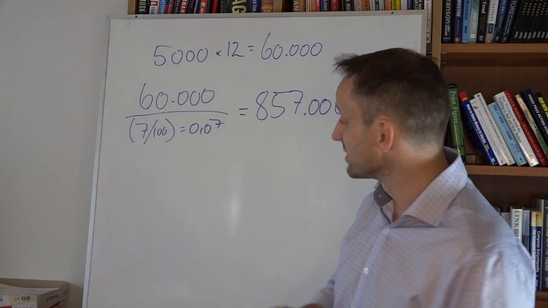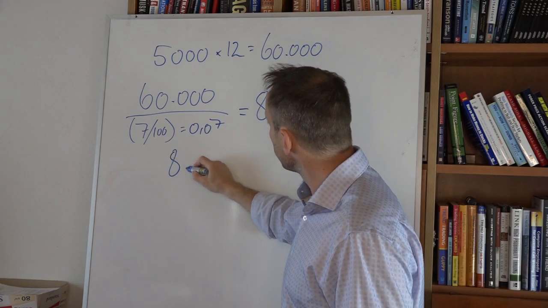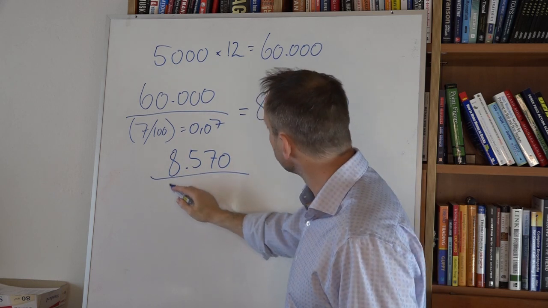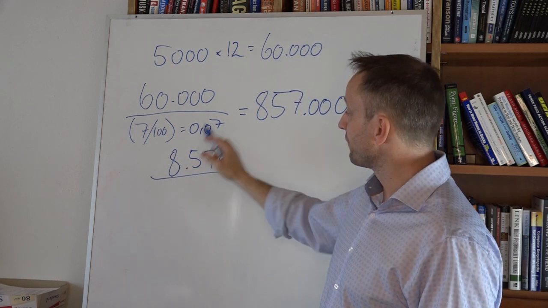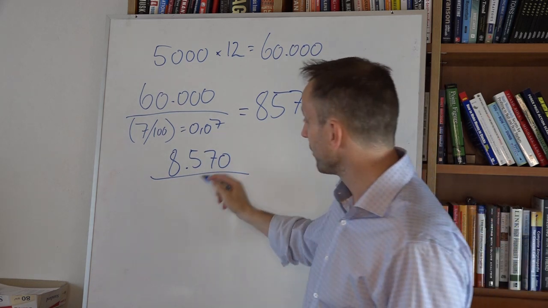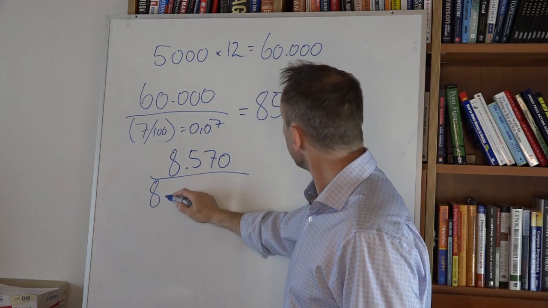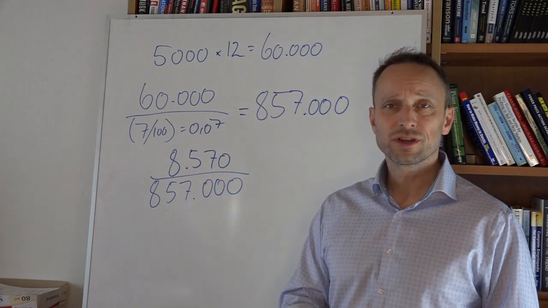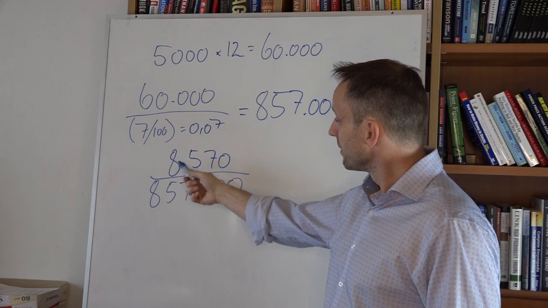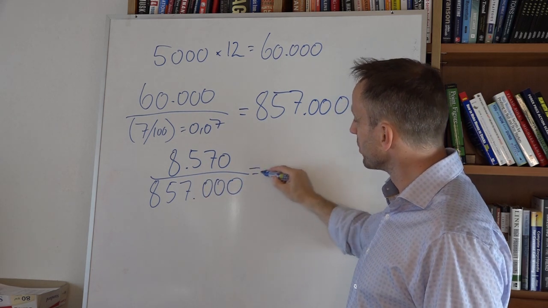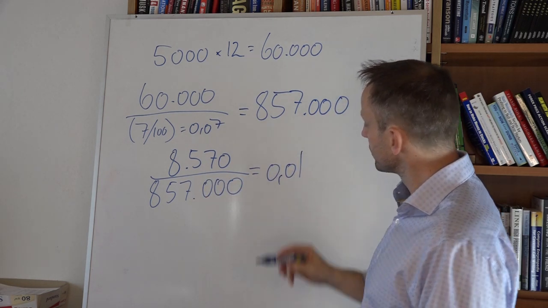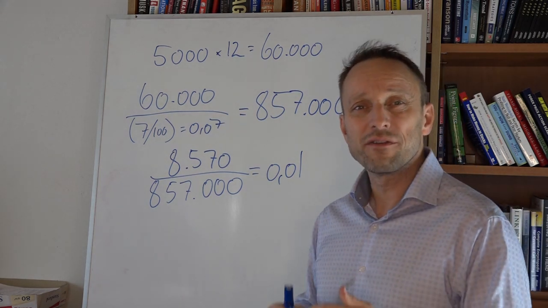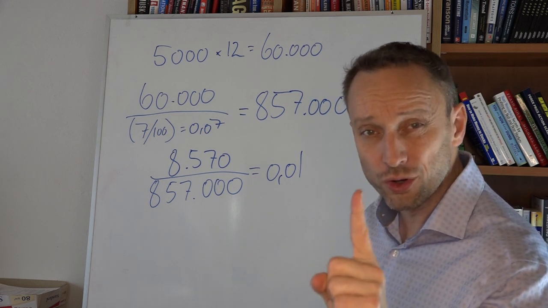And let's say, for instance, that you just started and you've been able to save up, just to make it easy for my calculation skills here, that you have $8,570 in your account, and what you need is $857,000. Then you divide these two. This one divided by this one equals 0.01. That means that you have achieved 1% of your goal.